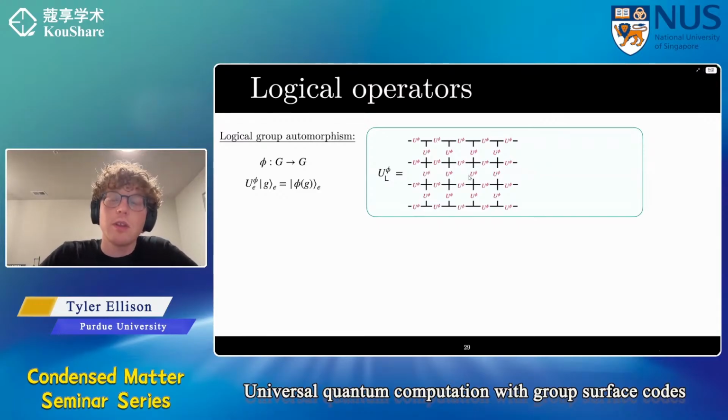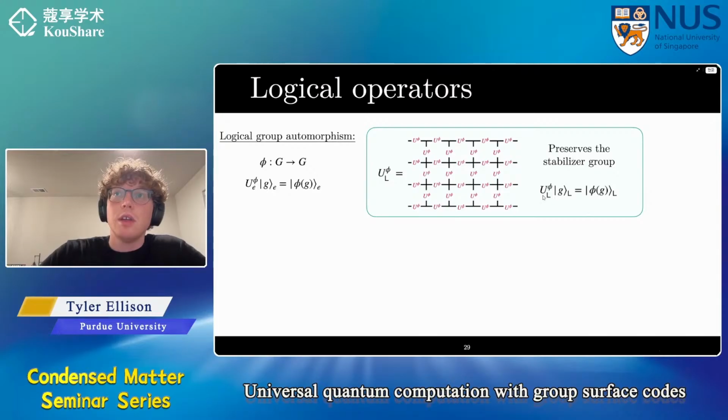Juice comes from group automorphisms. So phi here is a homomorphism from G to itself.